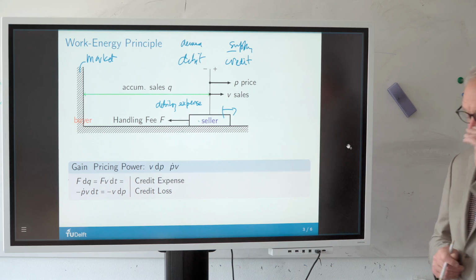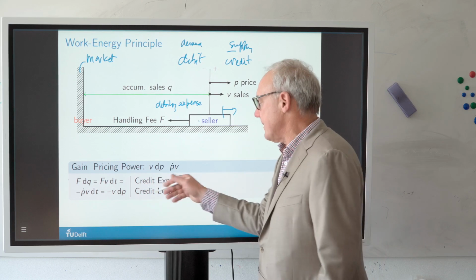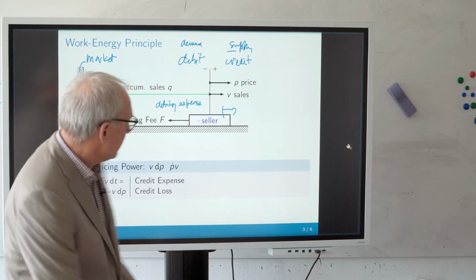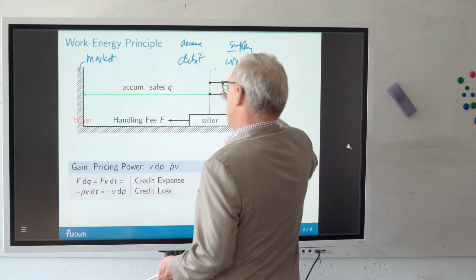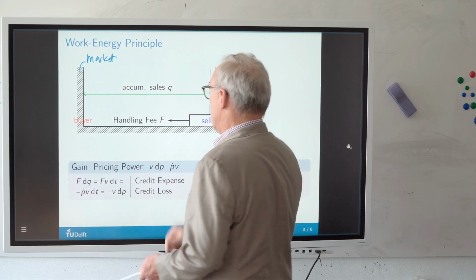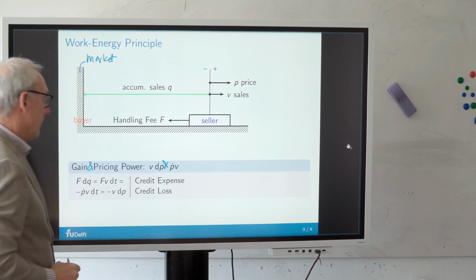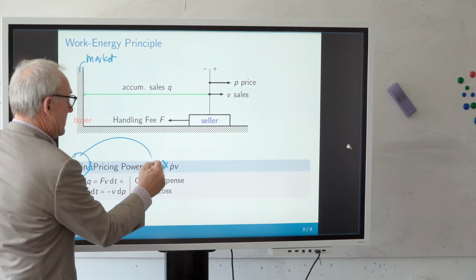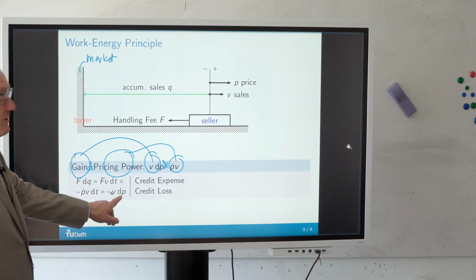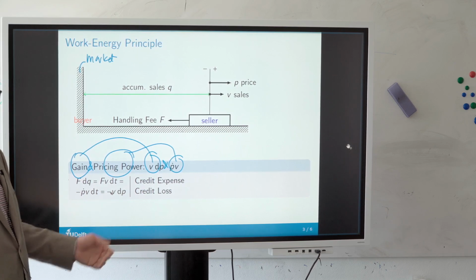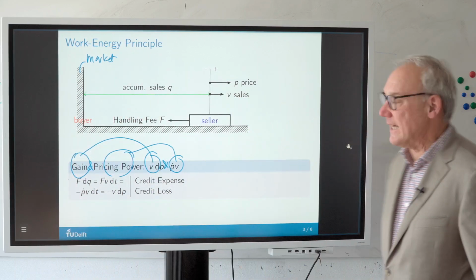That's what this thing is saying. And because of the minus sign here, I got myself credited and debited a little bit wrong, but that doesn't matter. All right, so you can see how this goes. This should be an and sign, but they don't come through on Beamer. So the gain is this thing, and this thing is the power. So you see that's the power to change the price. So that's actually a sort of pricing power that you can get. A nice way to look at it.